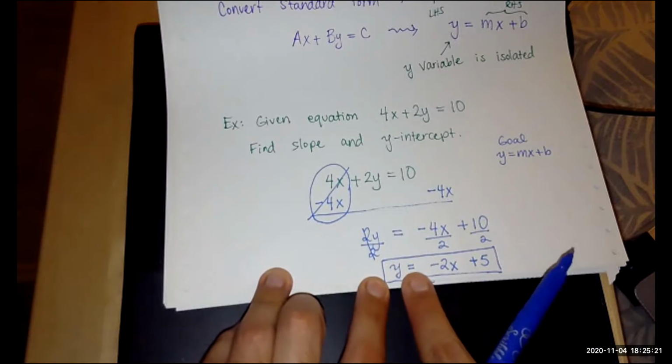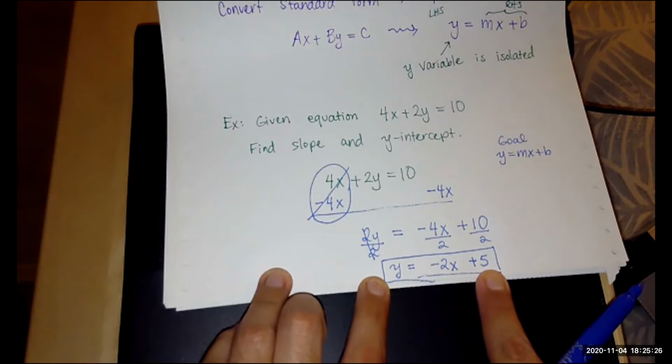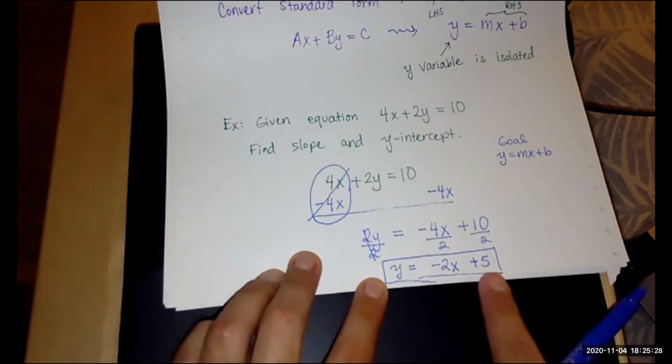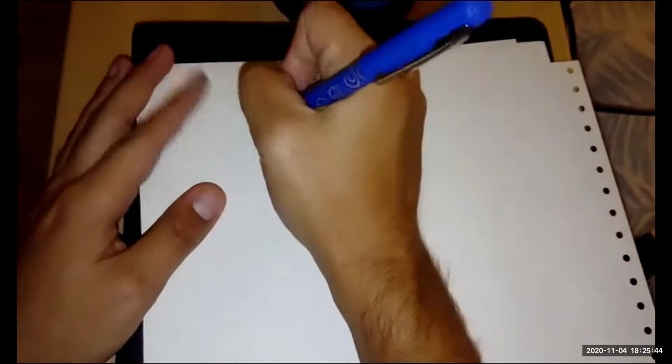Okay, so it's y equals mx plus b. And here, the nice thing about getting the equation in this form is that what we've done is we were given an equation, 4x plus 2y equals 10.